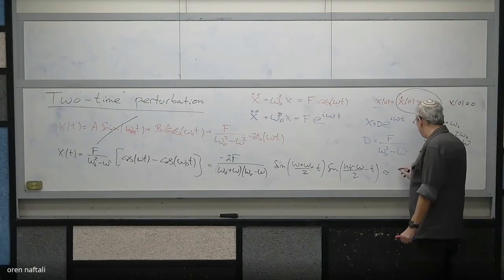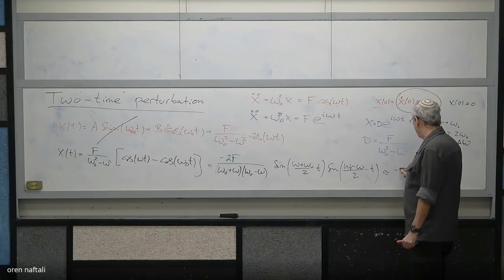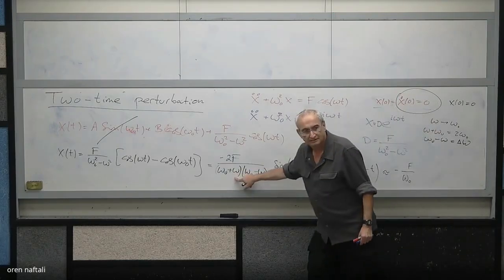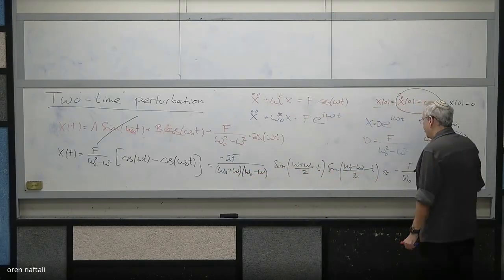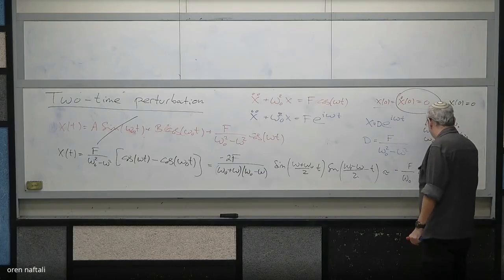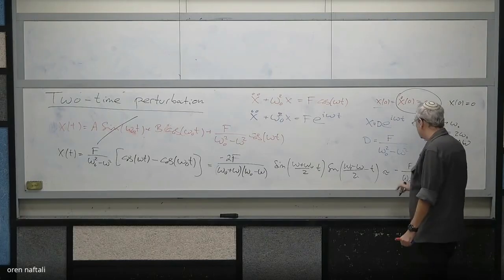What I obtained is minus 2f divided by, the 2 cancels, omega naught, because this is 2 omega naught, sine of omega naught t.